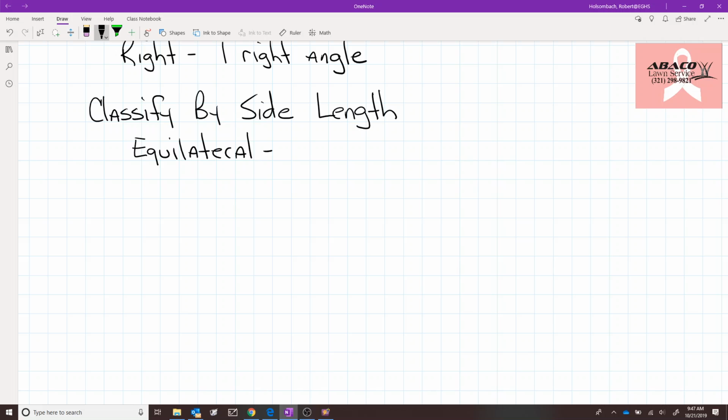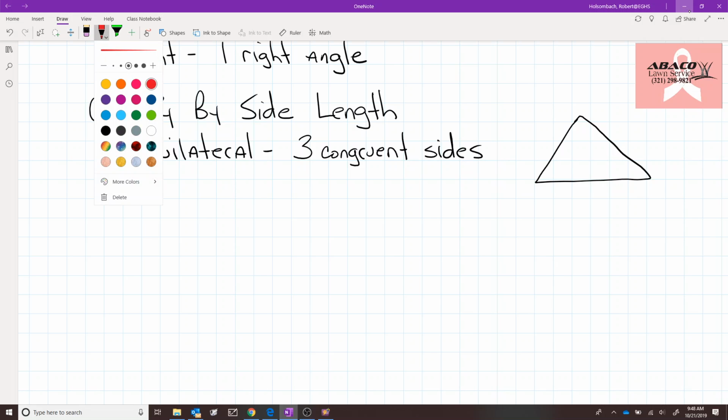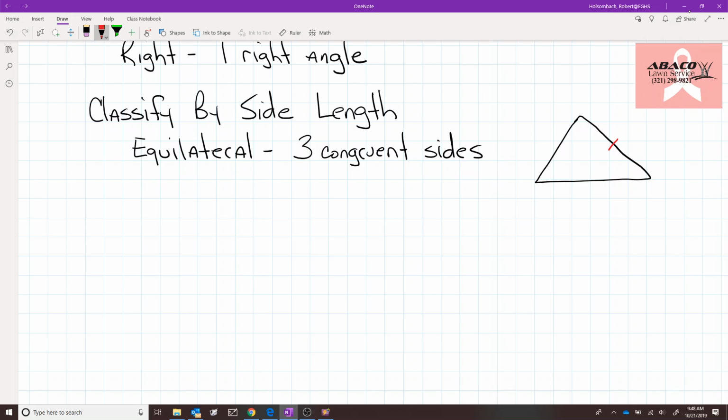So equal sides, three congruent sides. The picture would look something like, remember the tick marks we talked about earlier? In this case, you would see three tick marks. It means all the sides are the same.